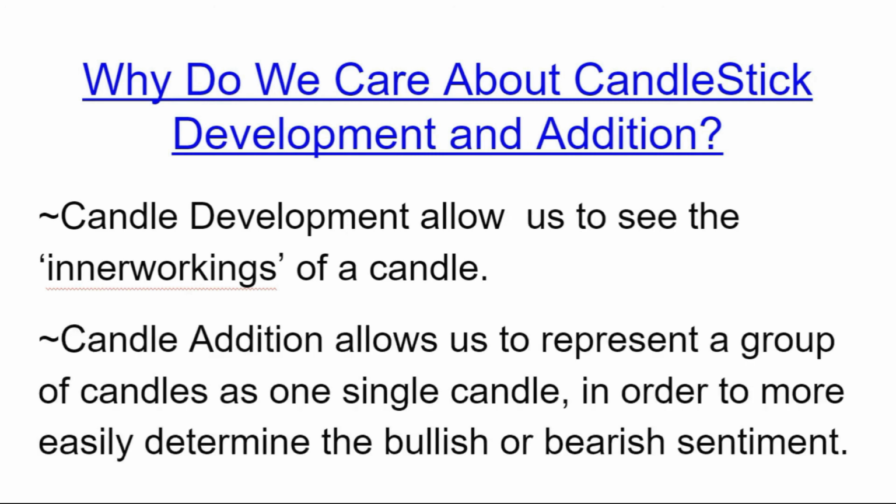Candle addition allows us to represent a group of candles as one single candle in order to more easily determine the bullish or bearish sentiment of that group. You recall in the last video, we discussed how to determine the bullish or bearish sentiment of a single candle.